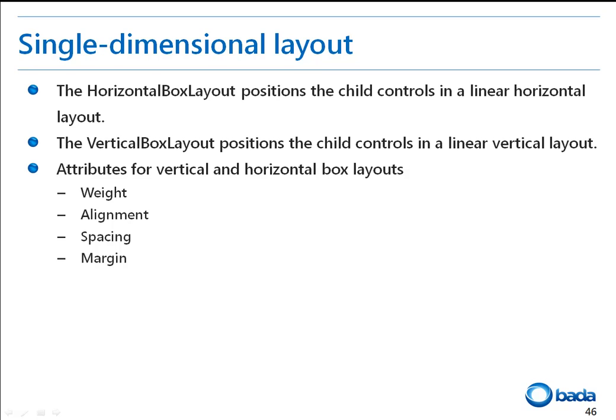Third, spacing. This attribute specifies the spacing between the current and previously added control, vertical in the vertical box layout and horizontally in the horizontal box layout. The default spacing between the controls is 0.